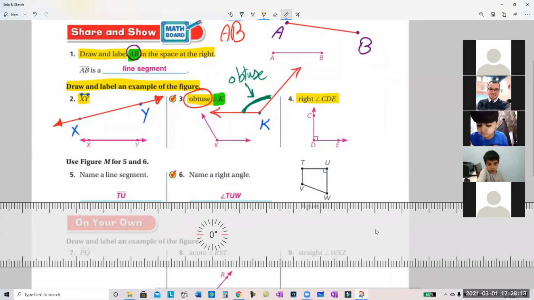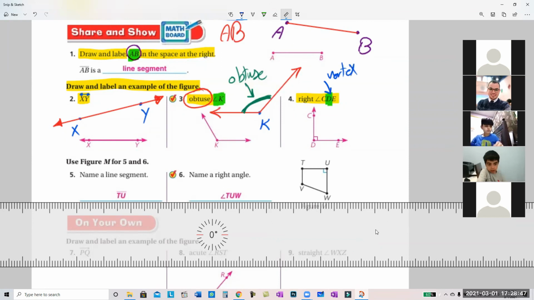Okay, right angle CDE. First of all, let's figure out where the vertex is. You can't draw an angle without knowing the vertex. The vertex must be in between. So the vertex here will be D. Letter D is the vertex.